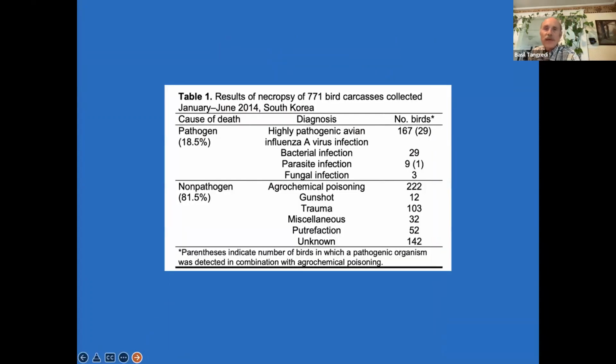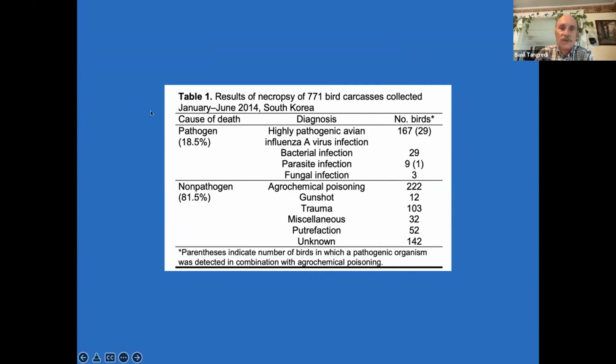Now, this is from the same paper where they did necropsies and analysis of 771 bird carcasses that were collected. Most of these were dead birds. Some were live birds, like that teal. But I'm showing you this to illustrate two points. One is that the same appearance can actually indicate any one of a number of different infections, not just avian influenza.